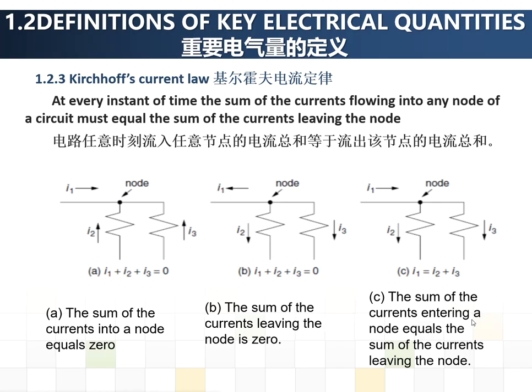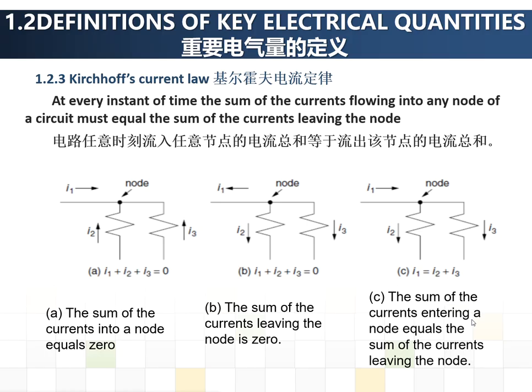Section 1.2.3 introduces Kirchhoff's current law. Kirchhoff's current law says, at every instant of time, the sum of current flowing into any node of a circuit must equal the sum of the current leaving the node.